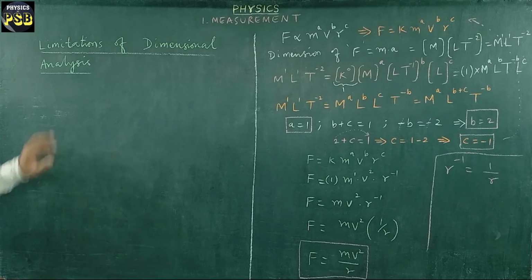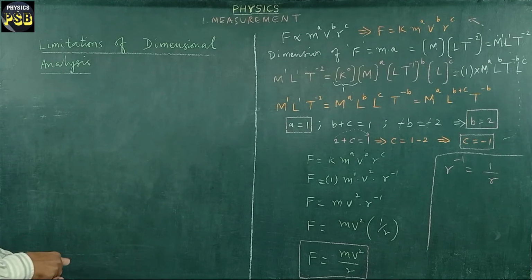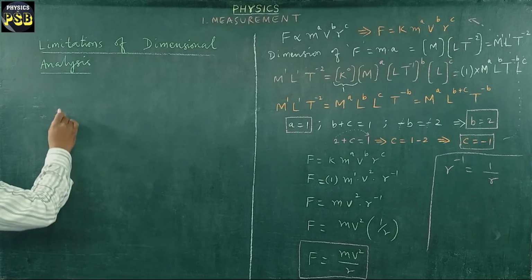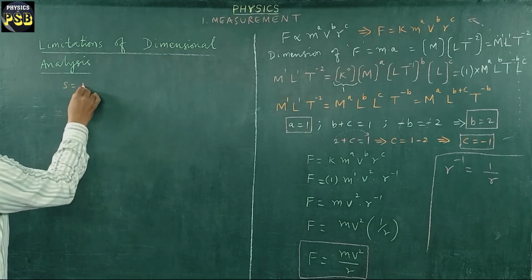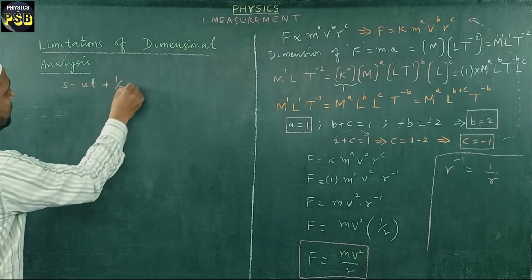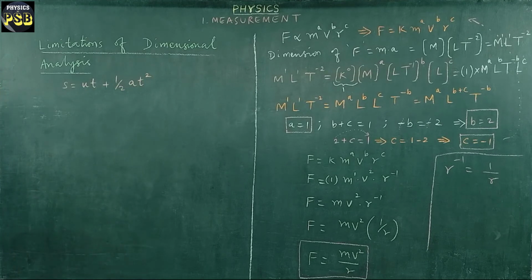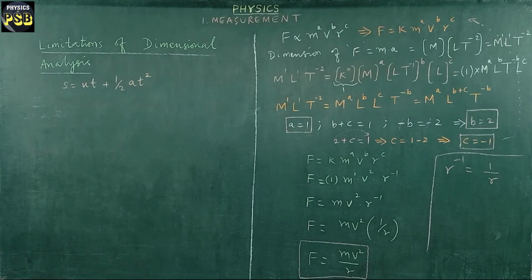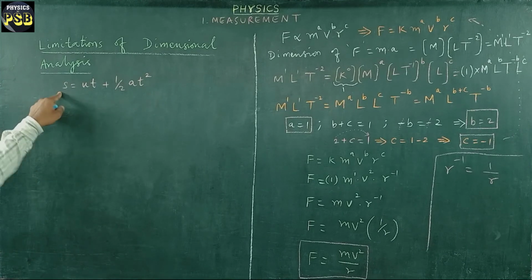That is the biggest limitation of this method. For example, if I have this equation, s equals ut plus half at square, this is the second equation of motion.